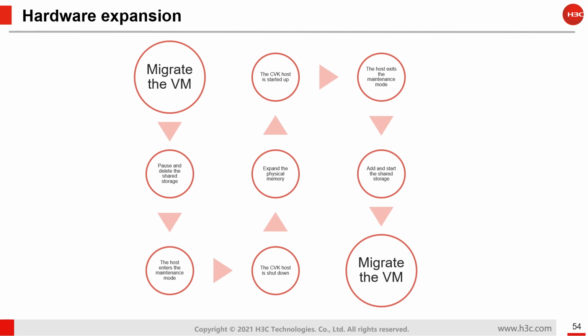Expand the physical memory. 6. Make the CVK host start up again. 7. Make the host quit the maintenance mode. 8. Add and start the shared storage. 9. Migrate the VM or start the VM again.